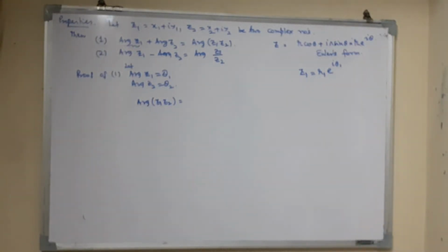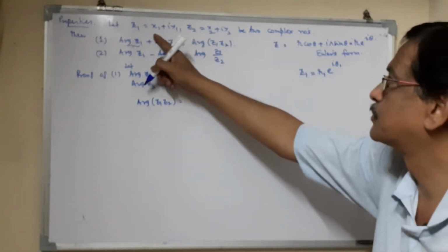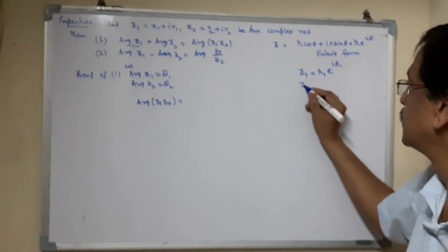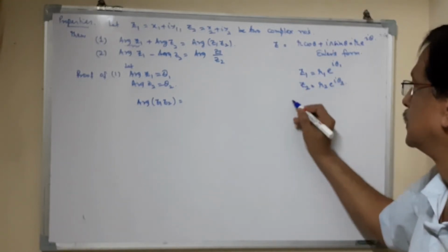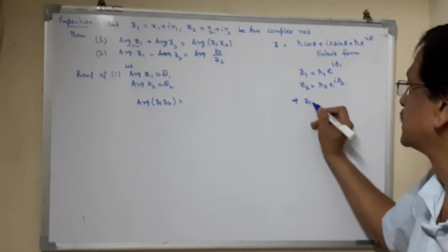So Z1 is R1 e power i theta 1. What is Z2? R2 e power i theta 2. Then what is Z1 Z2?